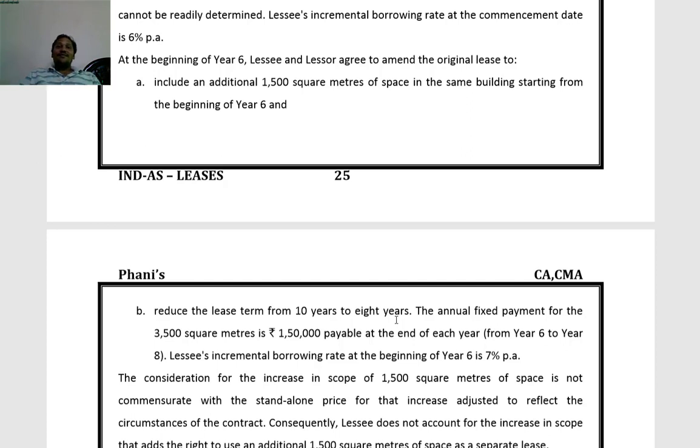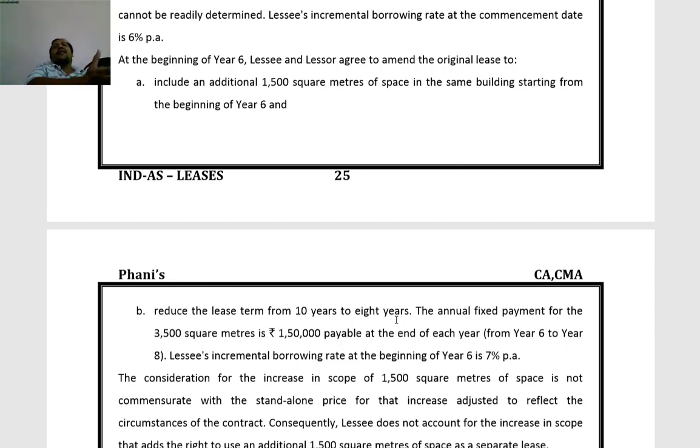Now it is just a decrease in the lease term, not a decrease in the space or scope. So here you cannot go by proportionate decrease in the lease liability and ROU asset. Now what is the modification you analyze? The modification is at the beginning of 6th year. Originally the remaining period is 5 years.